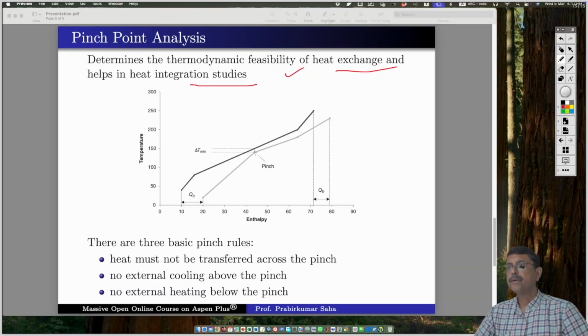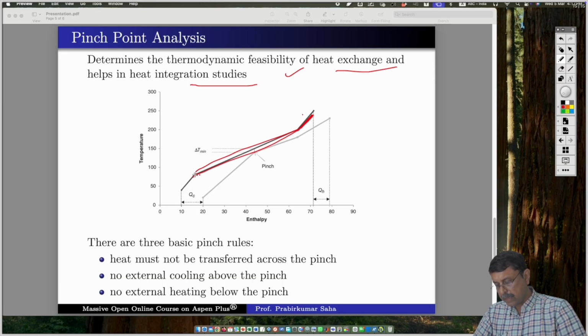studies. So basically, this is a hot stream, this one, another hot stream, this is another hot stream. On the other hand, this is a cold stream, this is another cold stream, this is another cold stream.